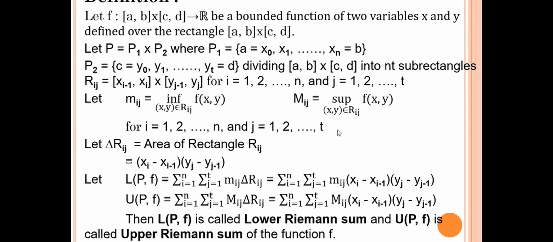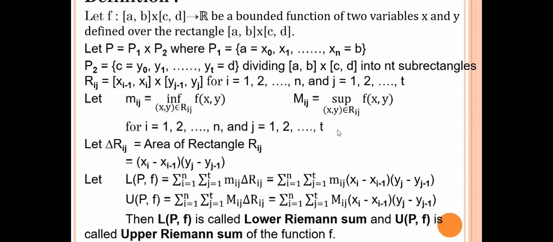So look at the definition. Let f from AB cross CD to R be a bounded function of two variables x and y defined over the rectangle AB cross CD. Now, what you have to consider is the partition of the rectangle.